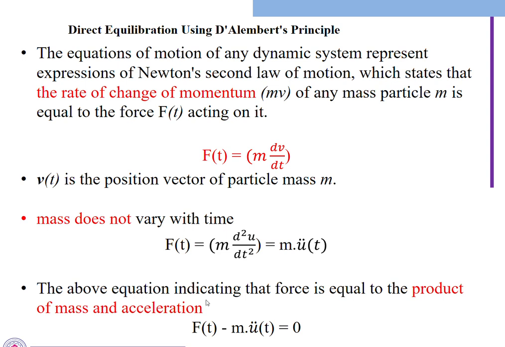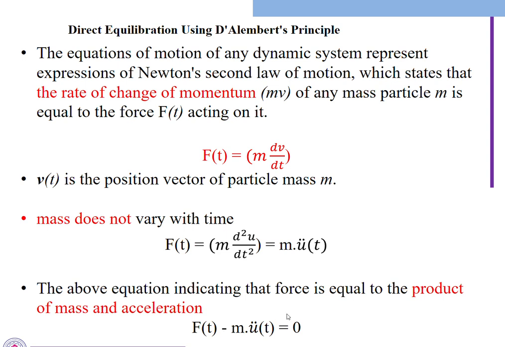The equation says force is equal to the product of mass and acceleration. So f of t minus m u double dot of t is equal to 0. This equation is called the equation of dynamics.